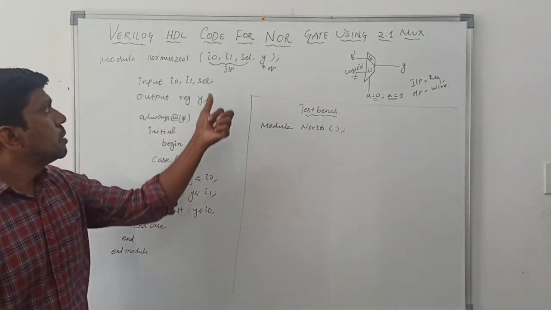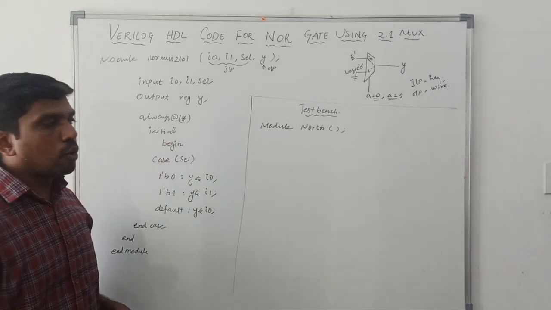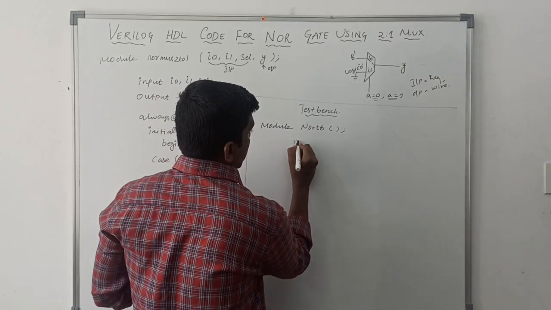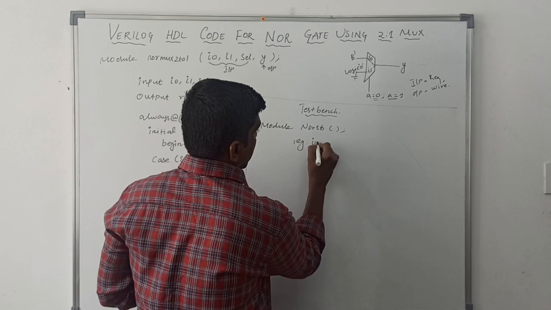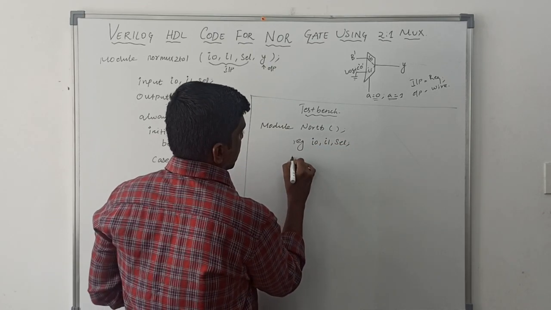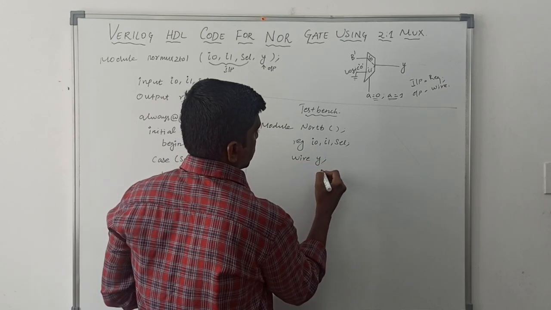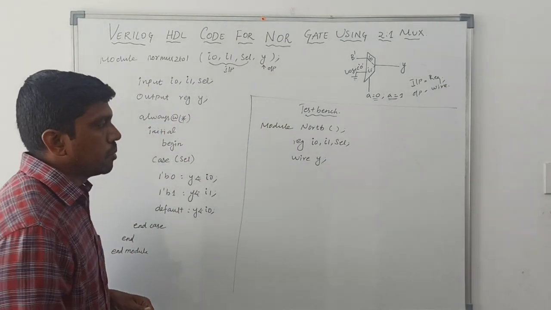In this program, I0, I1, selection line are the input variables and Y is the output variable. So reg I0, I1, selection, then wire Y, the output variable.